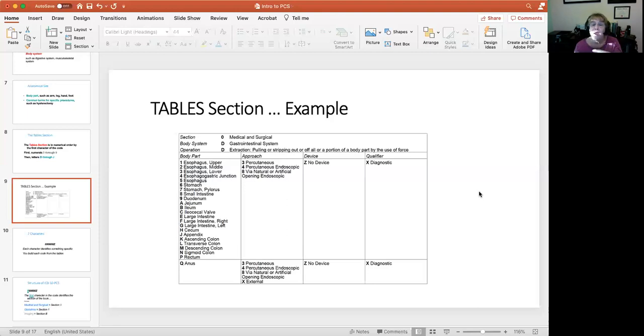It provides room for this code set to grow each year so that we don't have to create a whole new code set. We just keep adding as they innovate and come up with new ideas and new ways to make people healthy.